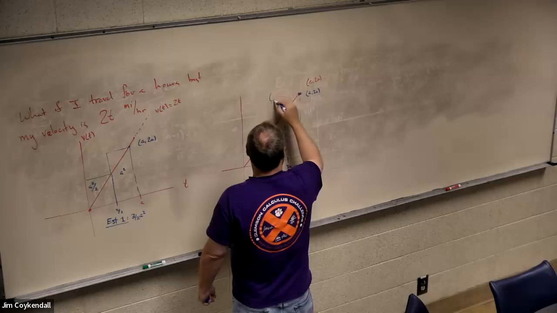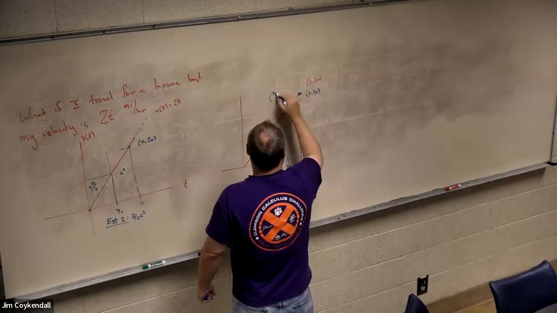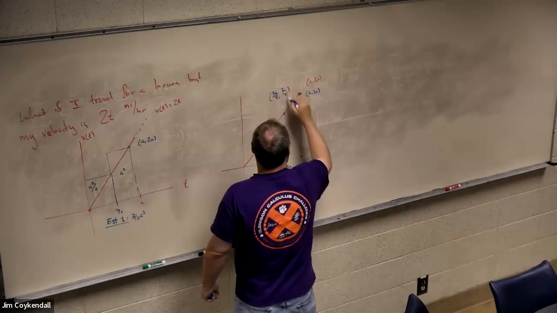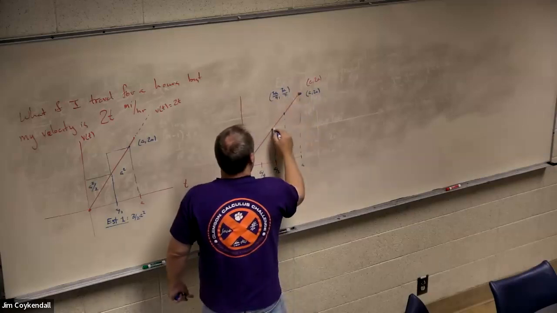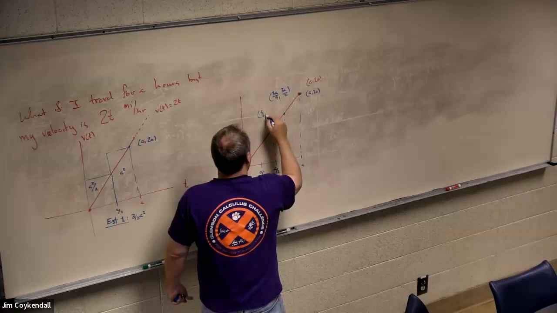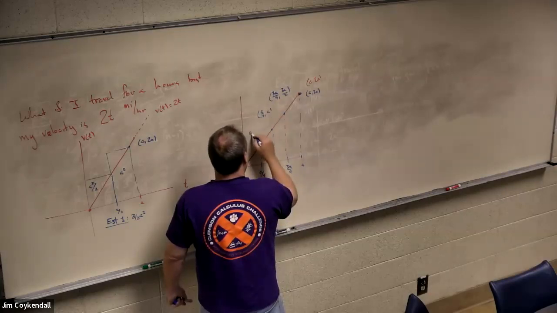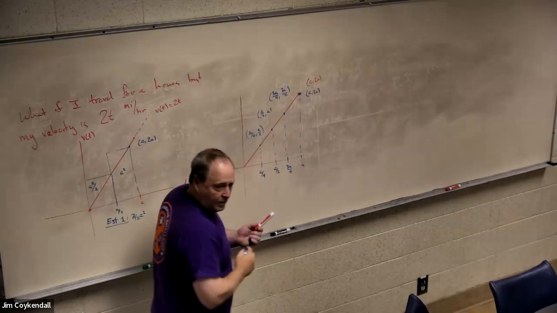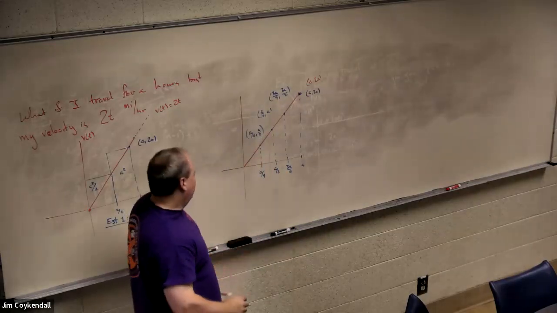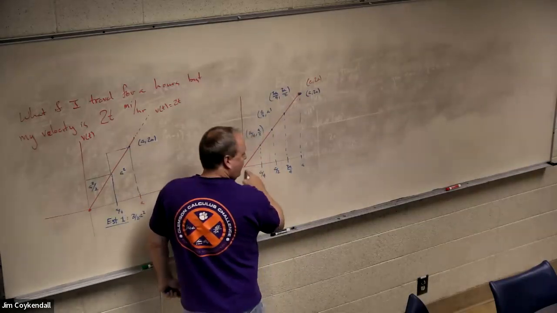This is point 3A over 4, 3A over 2. This is A over 2, A, and this is A over 4, A over 2. So I drive A over 4 hours.